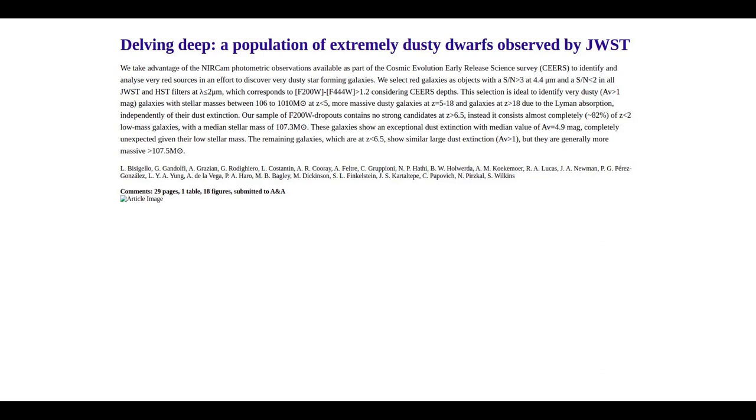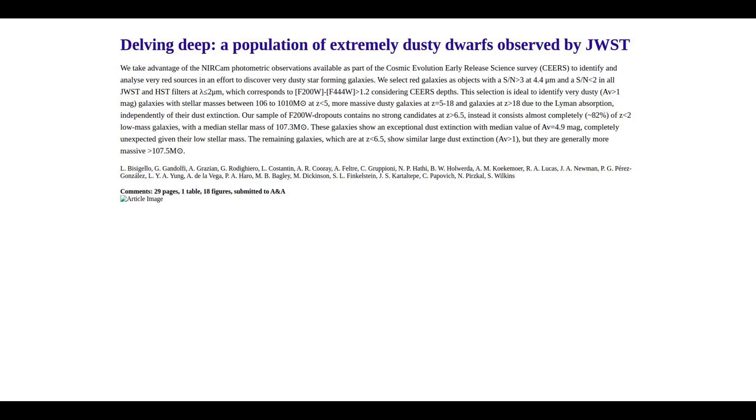This selection is ideal to identify very dusty galaxies with stellar masses between 10^6 to 10^10 solar masses at z less than 5, more massive dusty galaxies at z equal to 5 to 18, and galaxies at z greater than 18 due to the Lyman absorption, independently of their dust extinction.